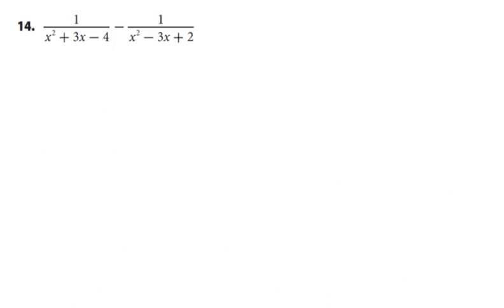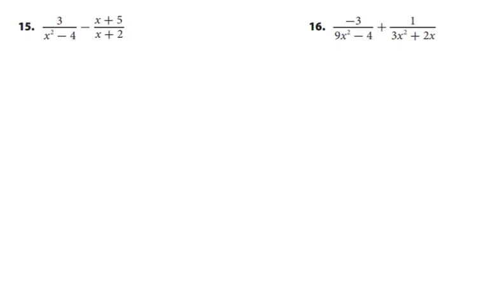Let's go on to our next problem, 15. Okay, we have 3 over x squared minus 4. And I'm going to rewrite that by factoring. I hope you can see by this, as in a prior video lesson, a lot of factoring can help you out. So I'm going to factor this denominator using the difference of squares.